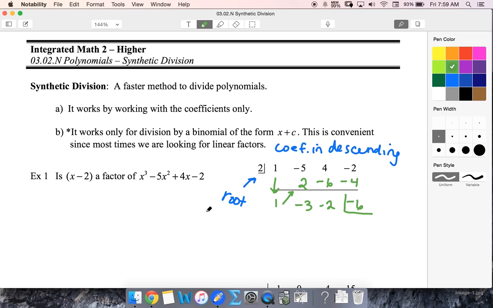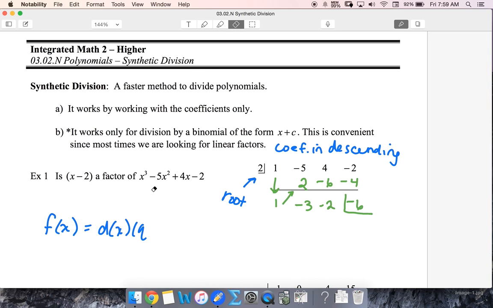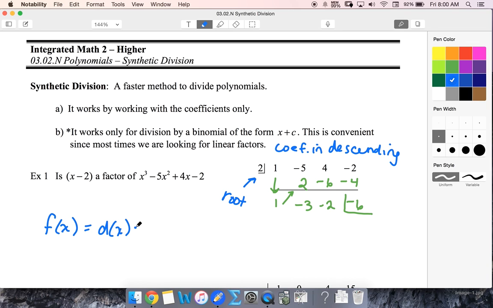So essentially, our results here. I put this part over in a box. If I think back to my dividing algorithm, what I'm really saying is that my function is equal to the divisor times the quotient plus the remainder.